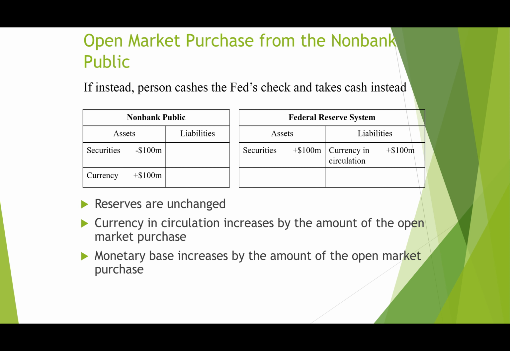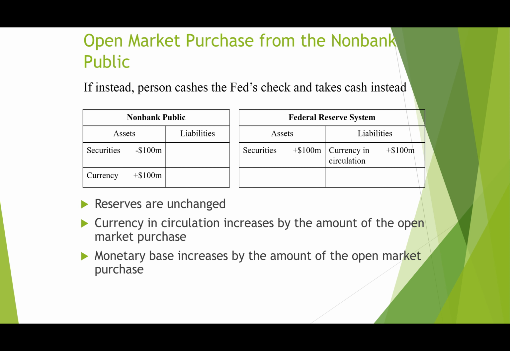So what's happened here is that the assets of the non-bank public have gone down by 100 million, and currency has gone up by 100 million. Obviously, that's that individual, so this isn't a bank in this case.